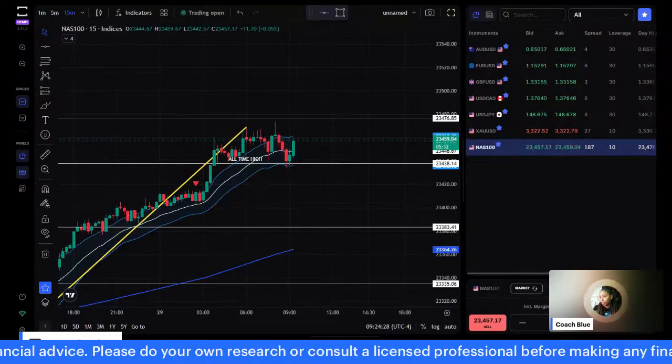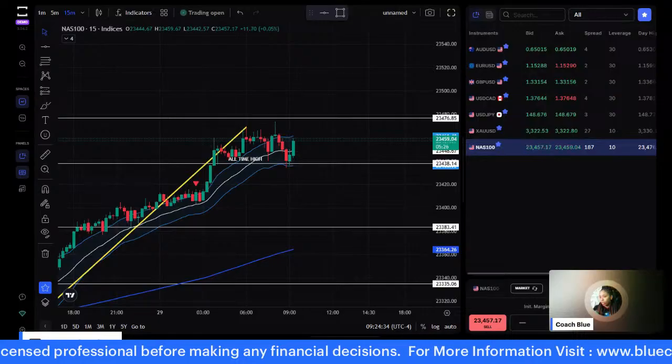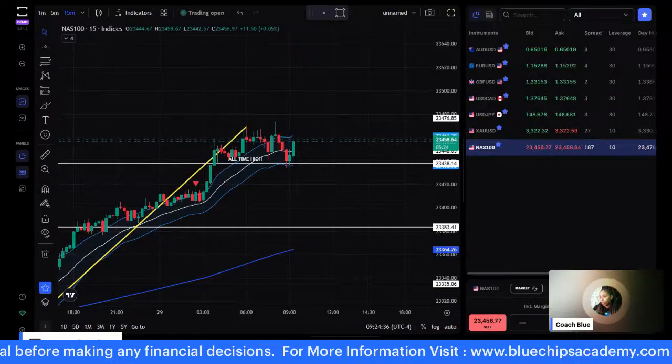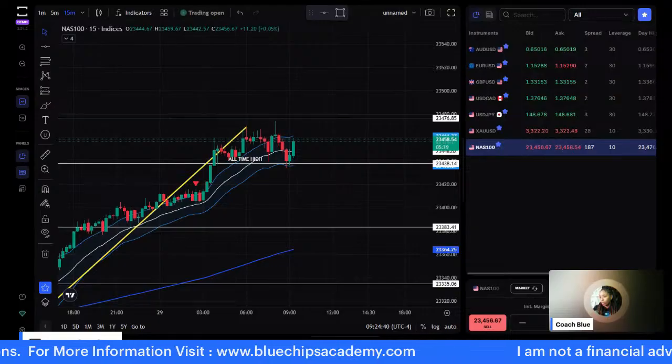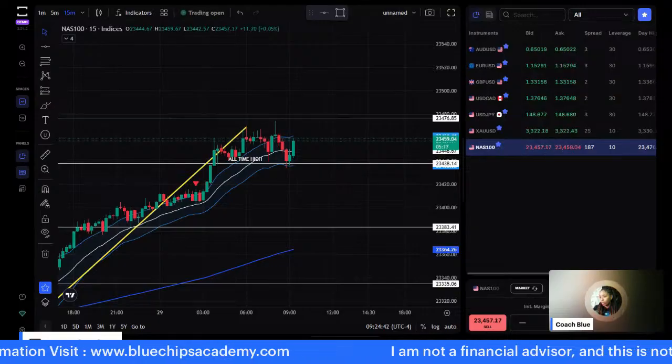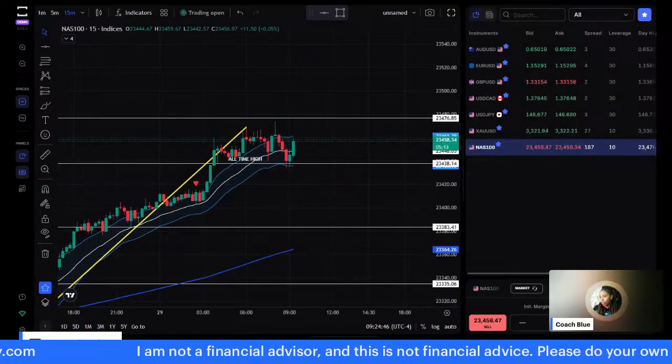Because you can win, but if your risk management is not in the proper order, you'll start to see yourself kind of just going back and forth, back and forth, back and forth. Right? Small risk, small reward. Big risk, big reward. That's just how the game plays, right?